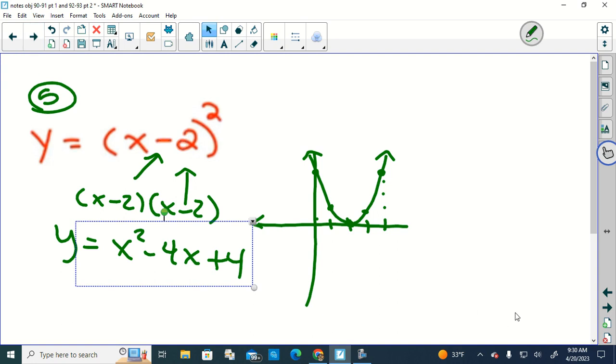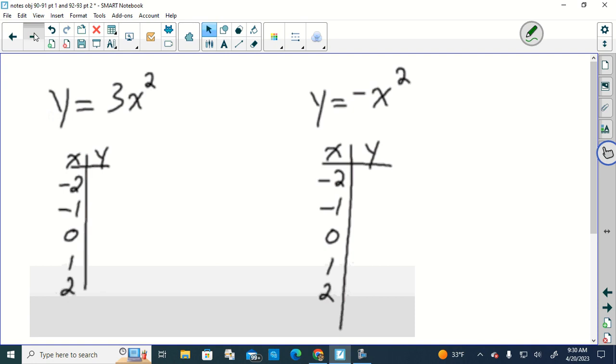Now we're going on to number 6, and this one actually has a table of values because we're going to look at what is happening when we have a number in front. All the other ones didn't have a number in front. We just had x squared, and then we added something off to the right, with or without parentheses. I want you to plug in the table of values for this one and this one.